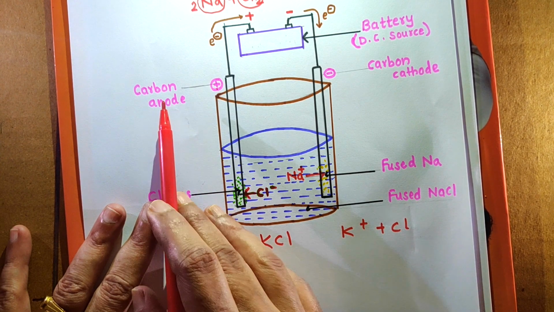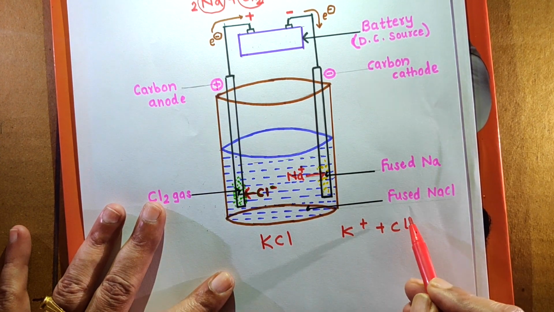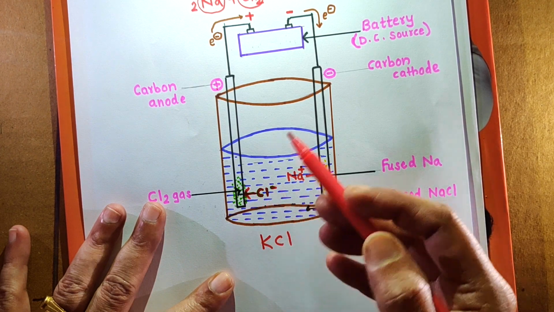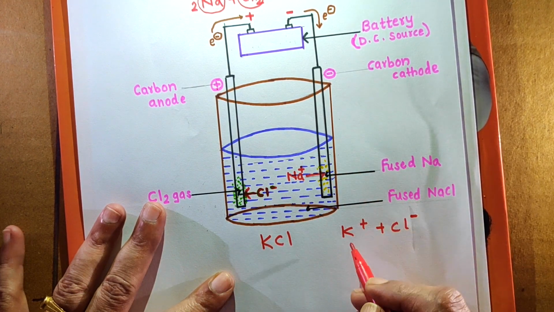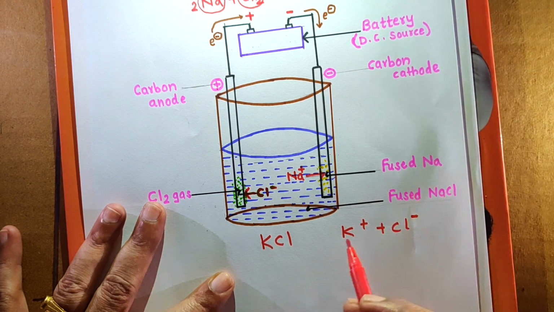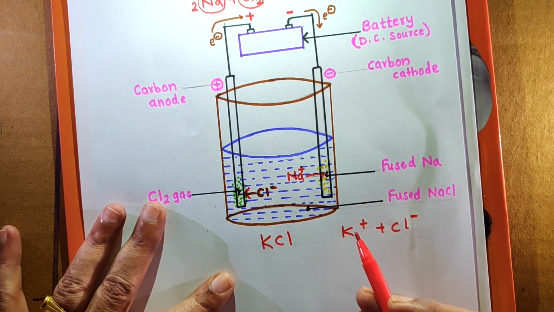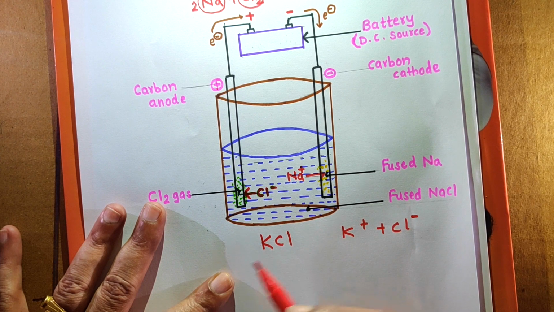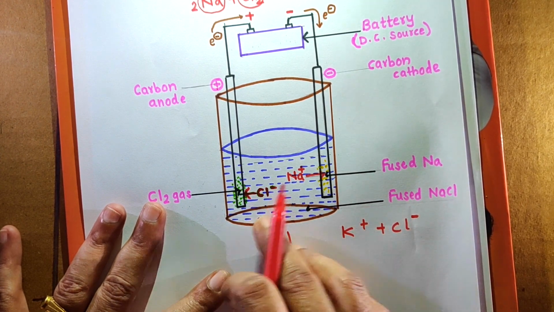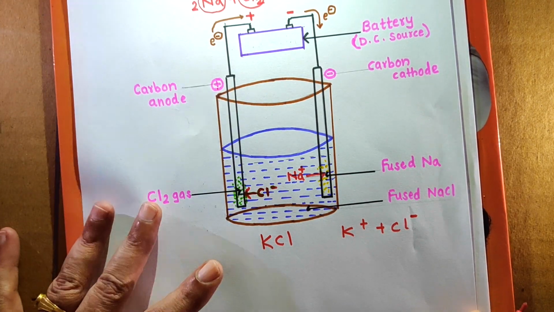So at anode you can obtain chlorine gas, that is Cl minus ions will be discharged, and at cathode we can obtain potassium metal, that is here instead of sodium we obtain potassium metal. Like this, breaking of any ionic compound by supplying electrical energy can be carried out.